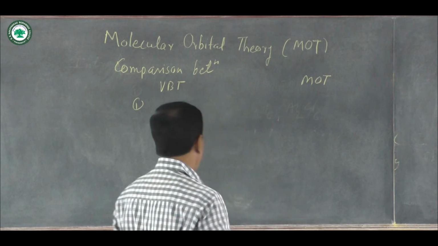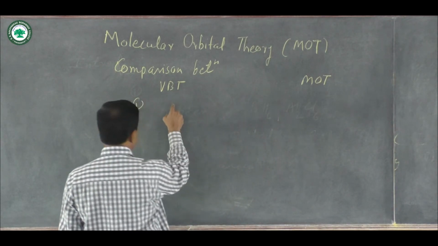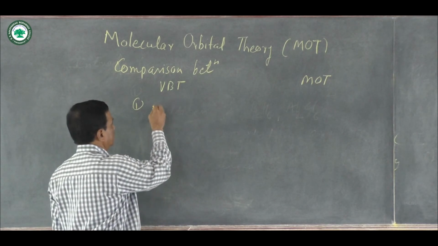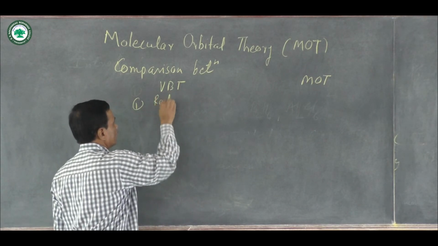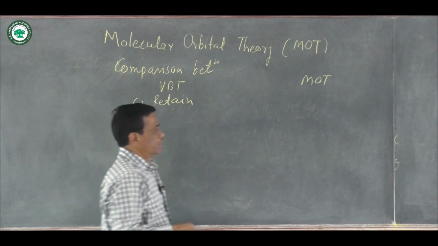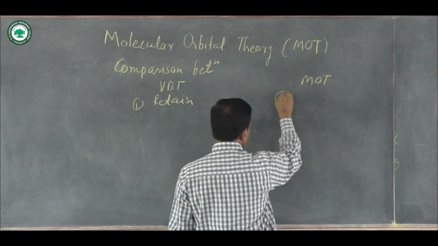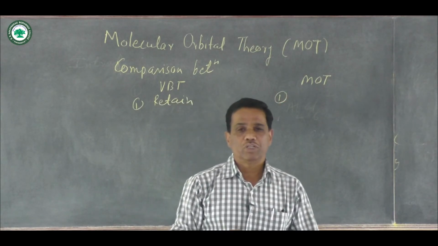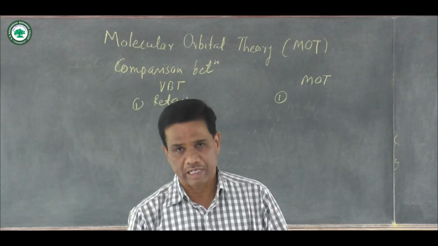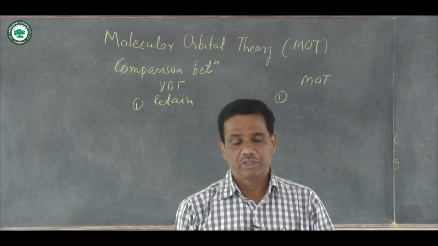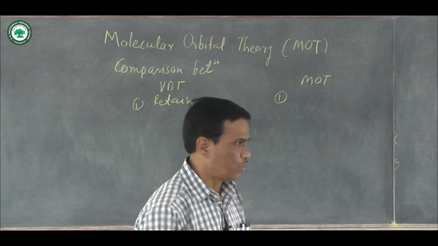In molecular orbital theory, when atoms combine and molecules are formed, they do not retain their identity and a new structure, size and shape is formed.